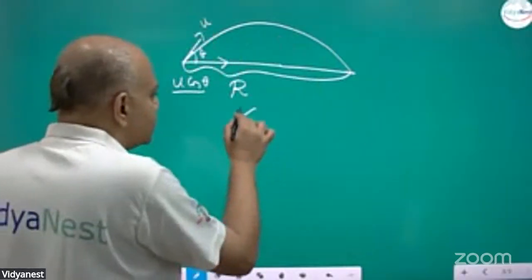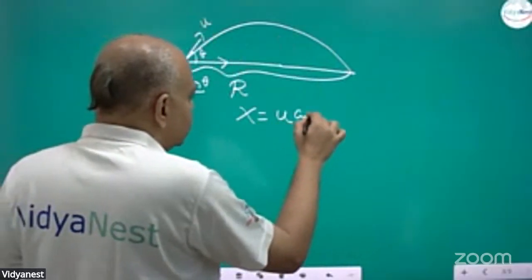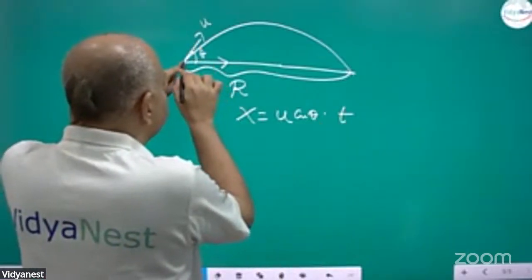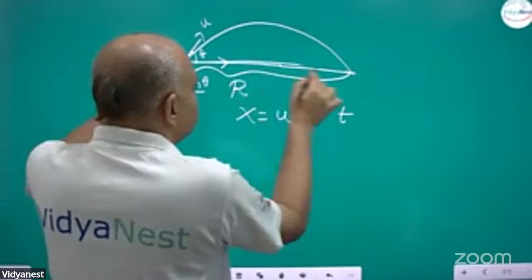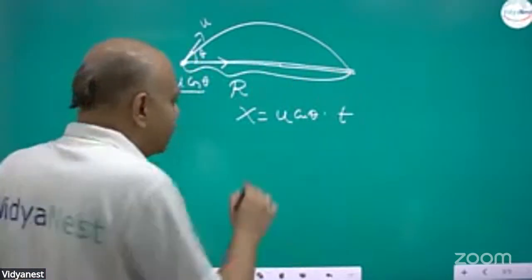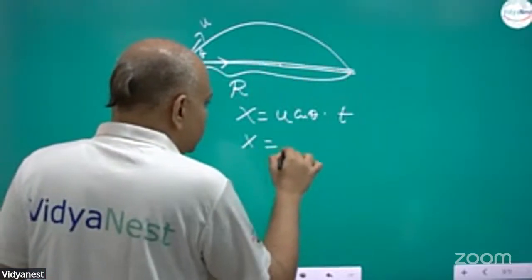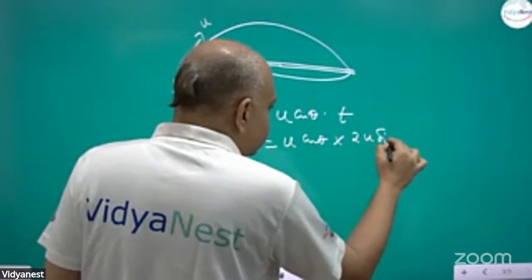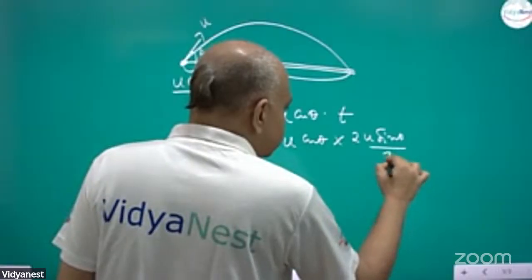So x we can write as u cos theta into time. The total time required to come from this position to this position is called the total time of flight. So x is equal to u cos theta into 2u sine theta by g.